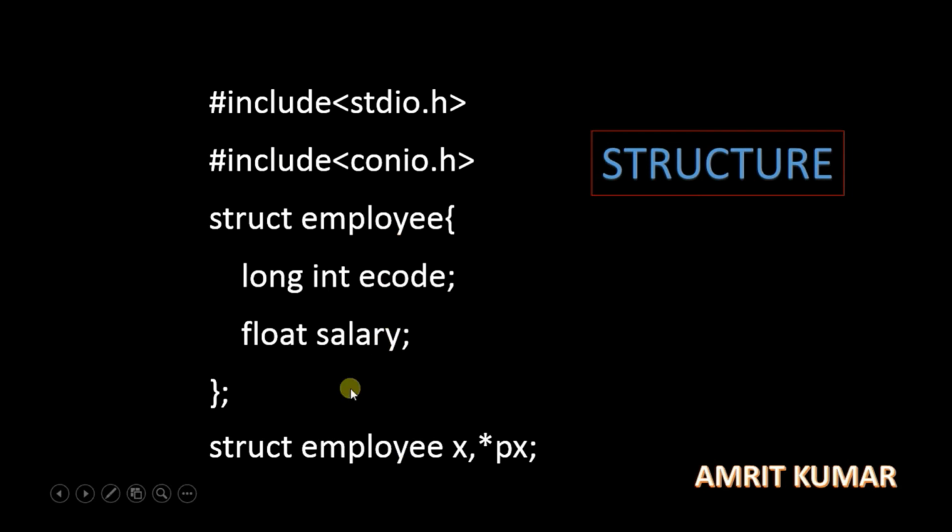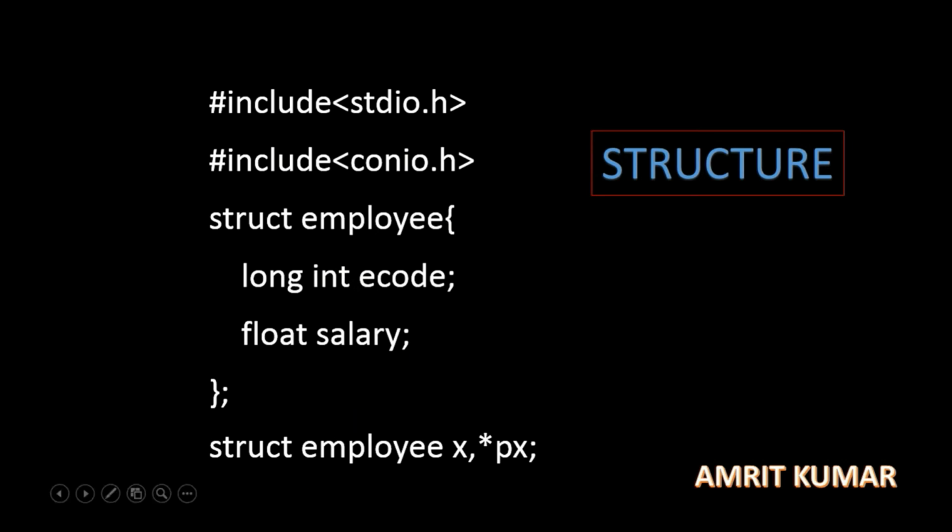As I have told you in the previous lecture, the x variable and this asterisk px pointer can access all the data members of employee, because we are creating a struct employee type, and x and asterisk px are of type employee, therefore they can access everything of the employee data type.